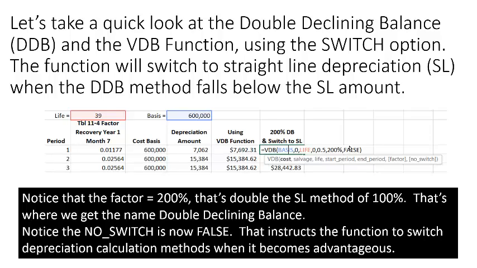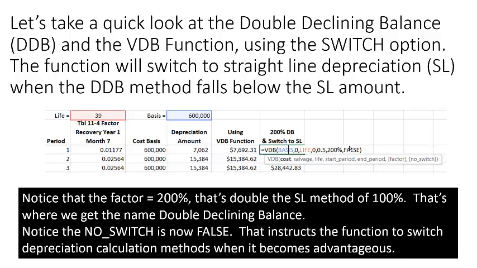All right, so let's take a quick look at the double declining balance DDB method and the VDB function. We're going to use the switch option. The function will then switch to straight line depreciation when the double declining balance method falls below the straight line amount. So when it becomes advantageous, this function is going to actually automatically switch for us.